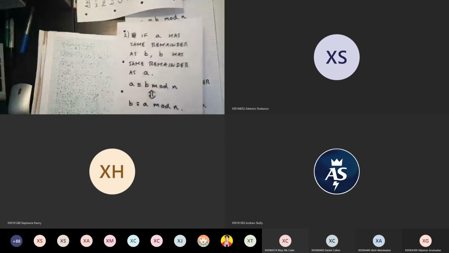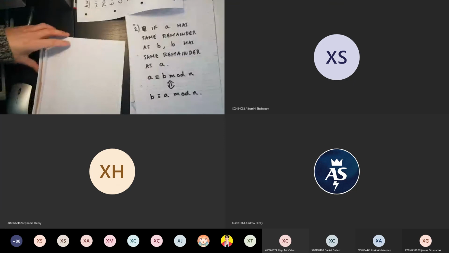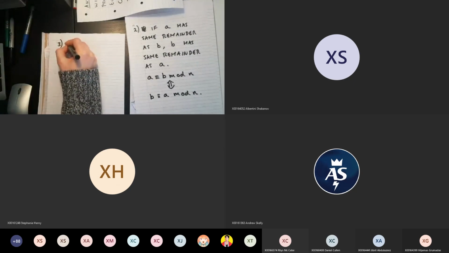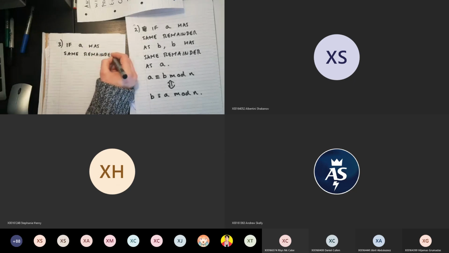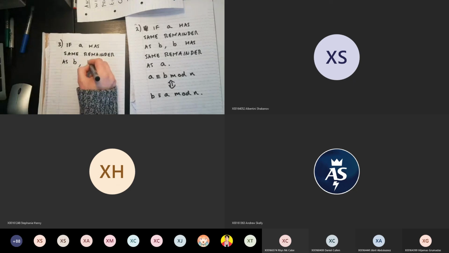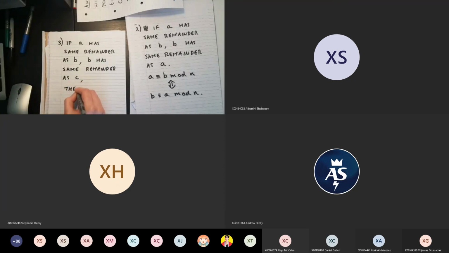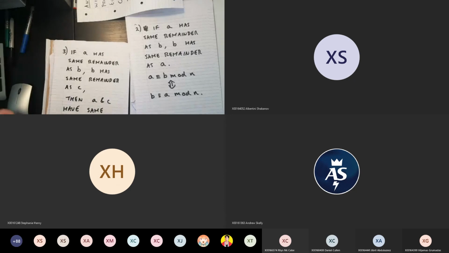And of course, that works in exactly the way you expect: if A has the same remainder as B, and B has the same remainder as C, then A and C have the same remainder.